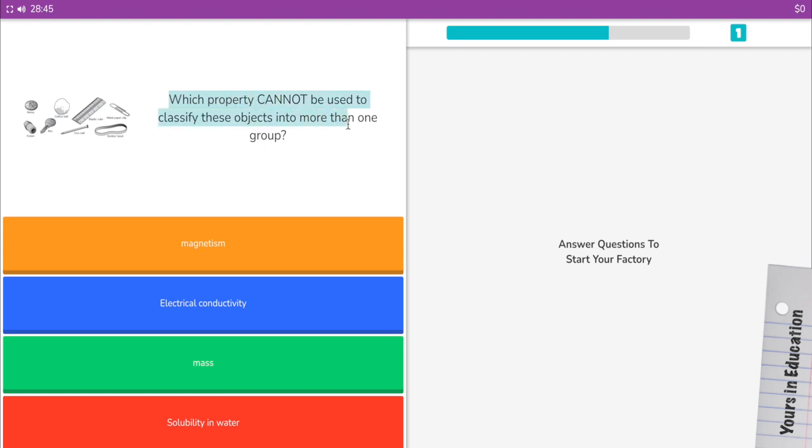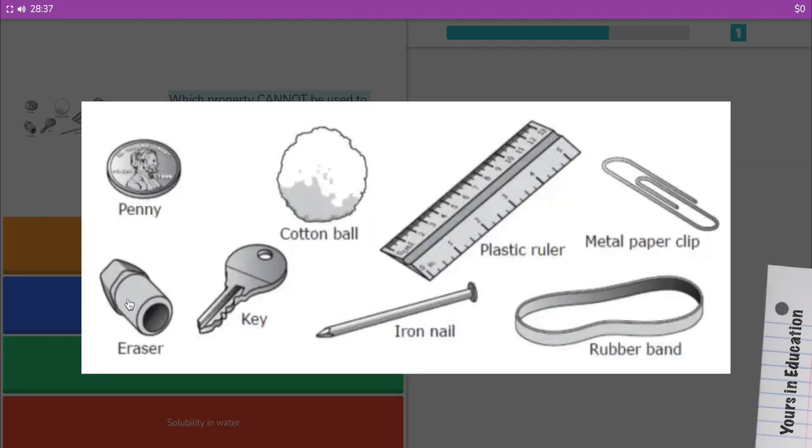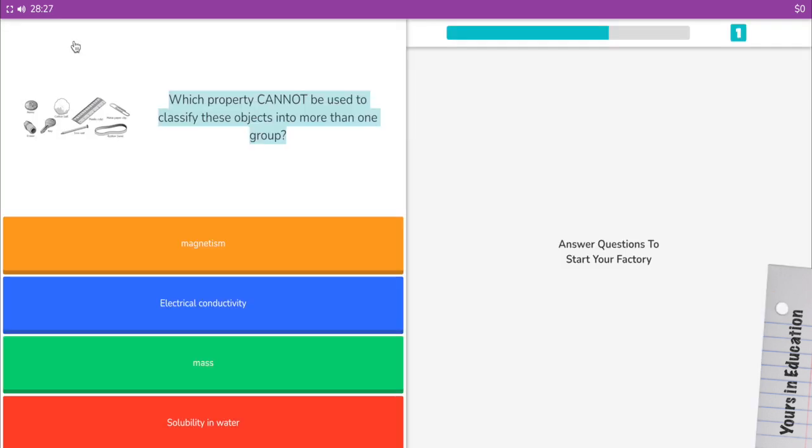Which property cannot be used to classify these objects into more than one group? Magnetism. I have a penny, eraser, key, cotton ball, plastic ruler, metal. Magnetism cannot be it because some of them are magnetic and some are not. Electrical conductivity.